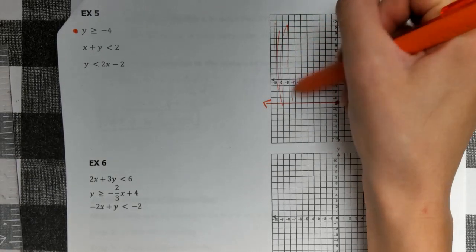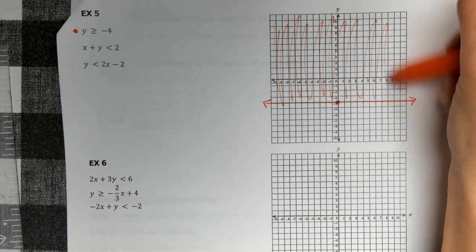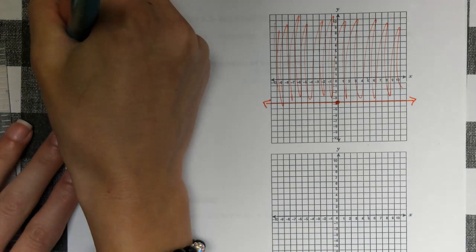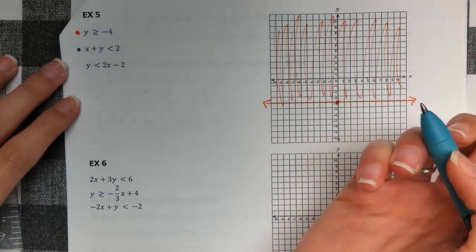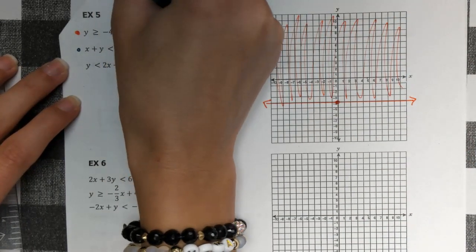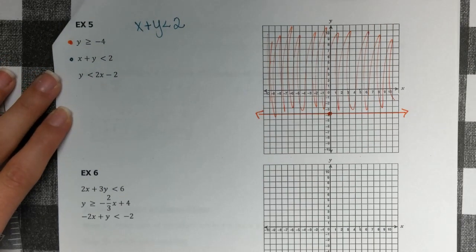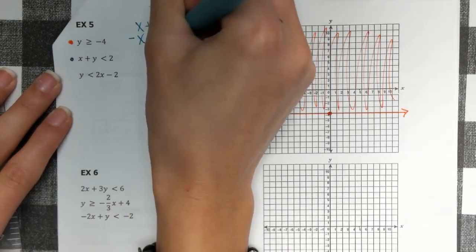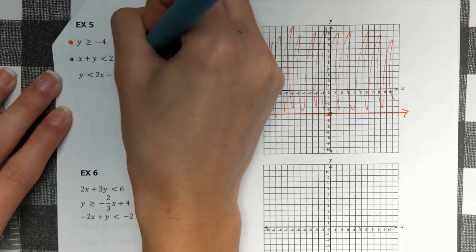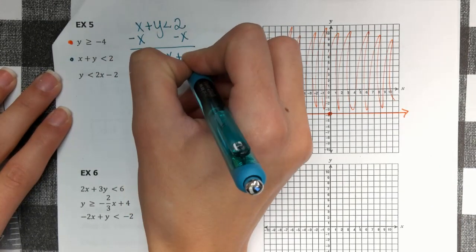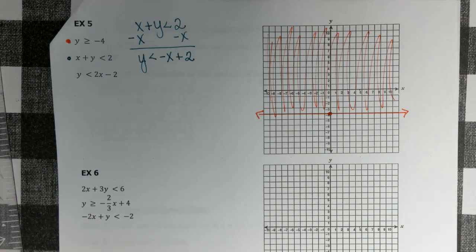Above because it's greater than. Now I have x plus y is less than 2. I need to solve for y. So I'm going to subtract my x. Y is less than -x plus 2.